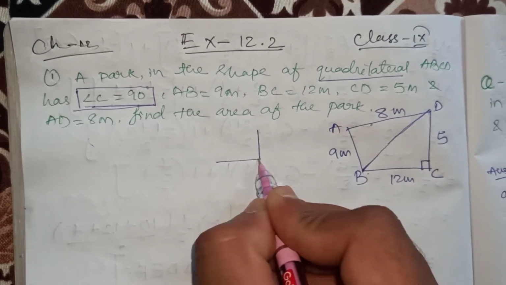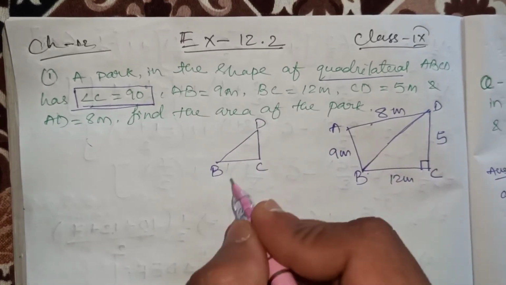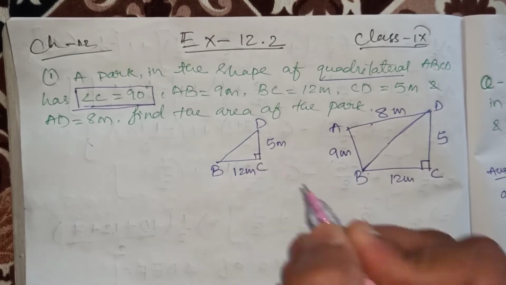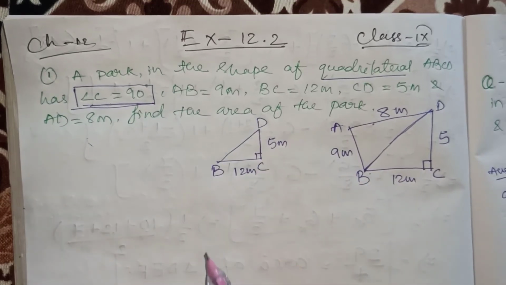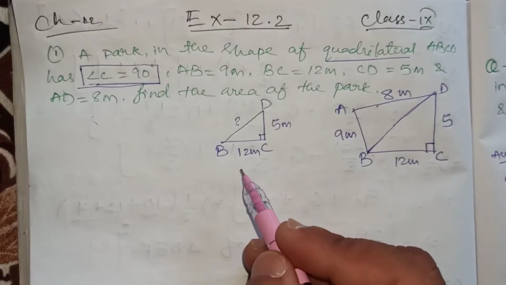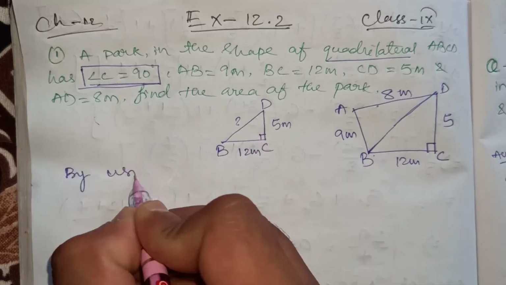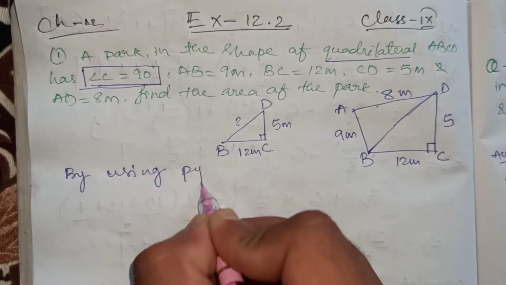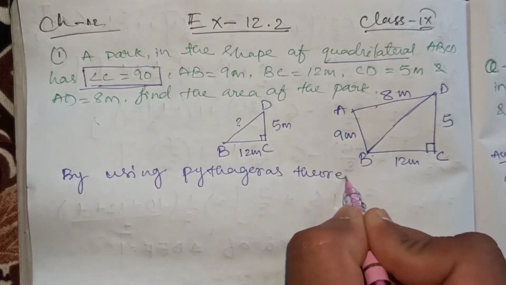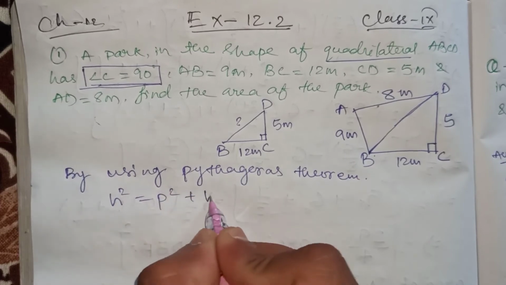Suppose here I am drawing the right angle triangle BCD. This is 12 meter, this is 5 meter, and this angle is 90 degrees. As you know the Pythagoras theorem, we can find the side BD, the hypotenuse. The formula is h square equals p square plus b square.